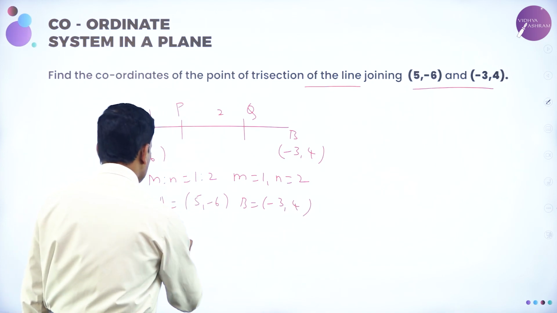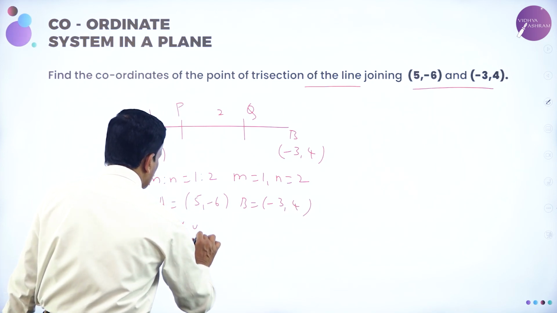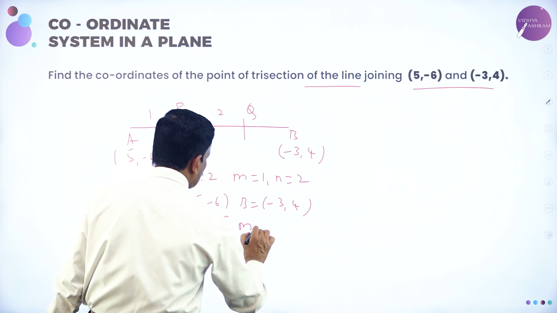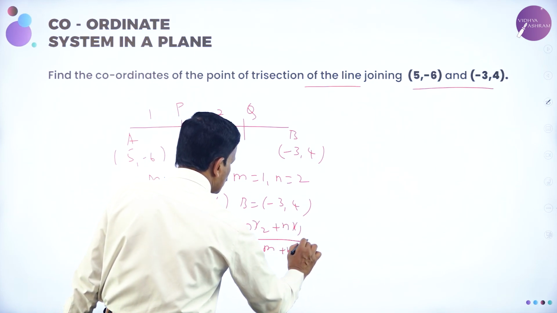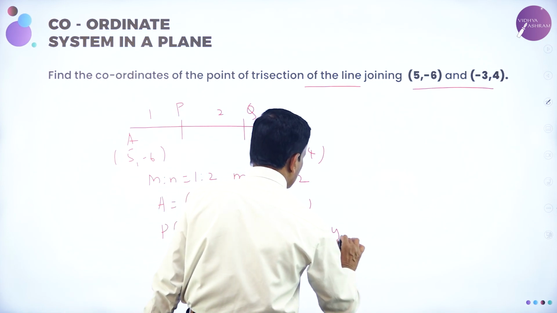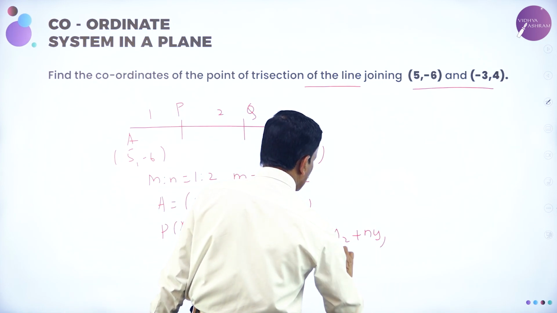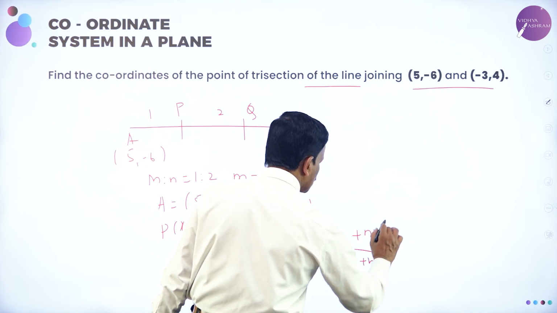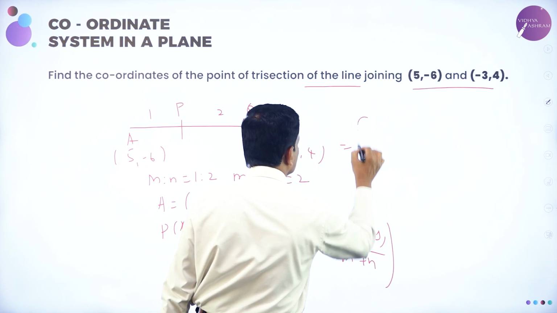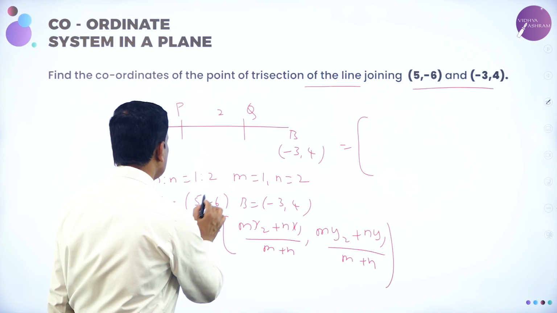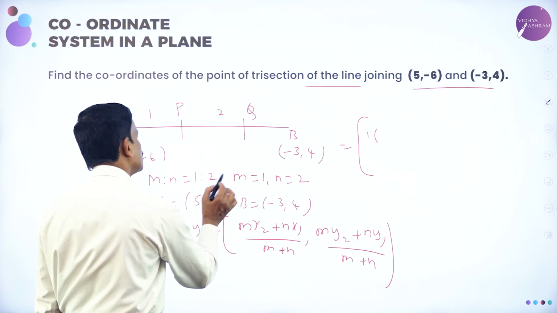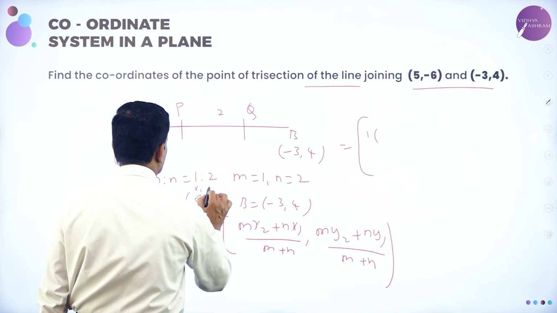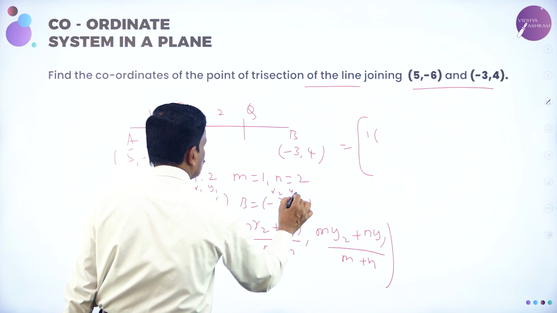For the internal ratio, just use P(x, y) is equal to (mx2 plus nx1) divided by (m plus n), comma, (my2 plus ny1) divided by (m plus n). Now this is equal to m into, what is m? m is 1 into x2. So here this is x1 y1, this is x2 y2.